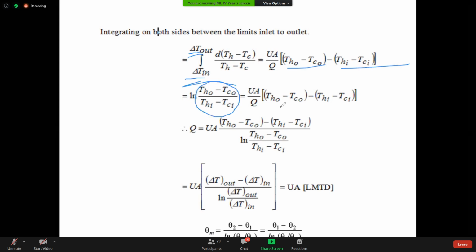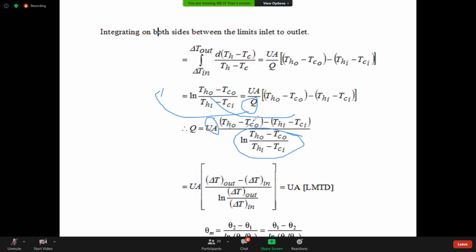Last in the U by Q, the same thing. Because this becomes integral 0 to A and A dA. After that, I arrange this Q, taking this side, and this will be at the denominator, and U into area. What is this?